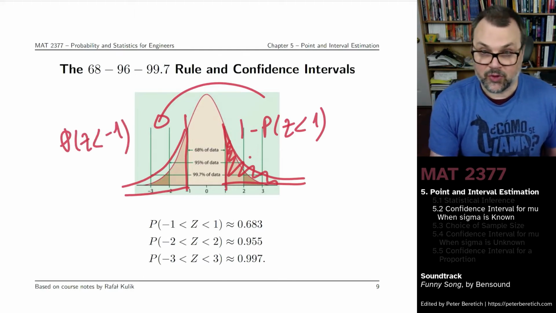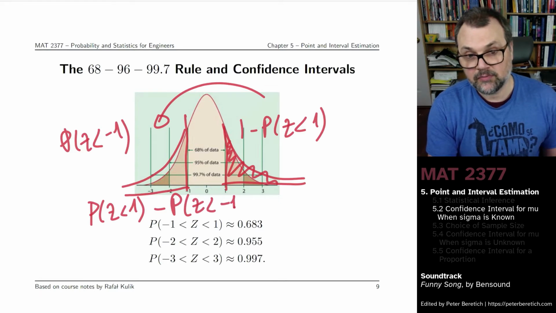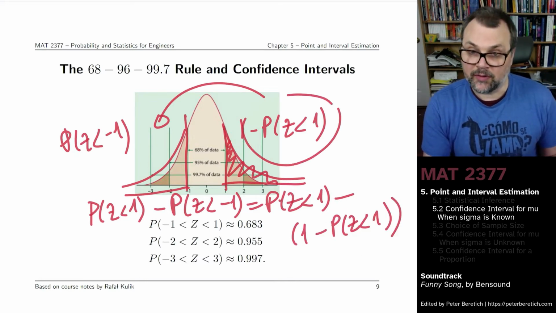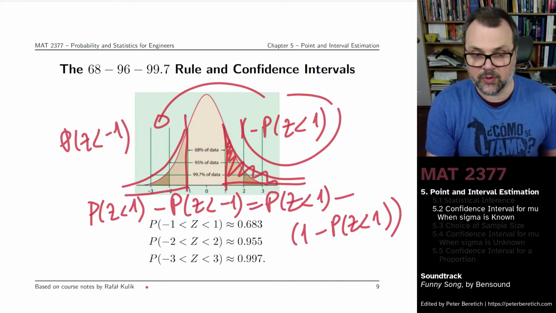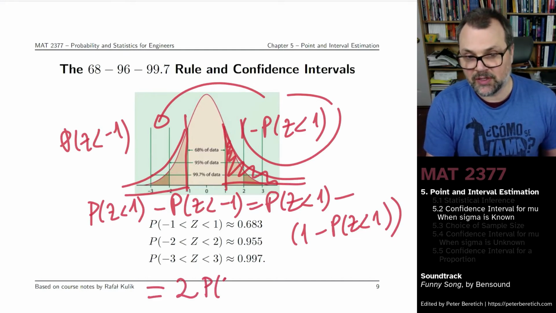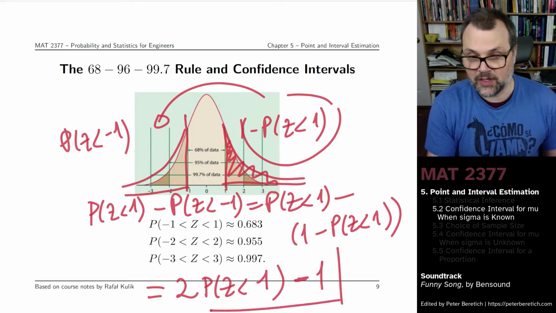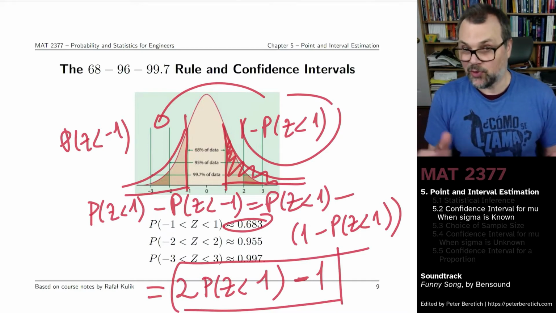Now, if you combine all of these together, you have the probability that z is smaller than 1 minus the probability that it's smaller than -1, which is the probability that it's smaller than 1 minus 1 plus the probability of z being smaller than 1. So this is twice the probability of z being smaller than 1, minus 1. And this value here is 68.3%. That's how you compute these things.